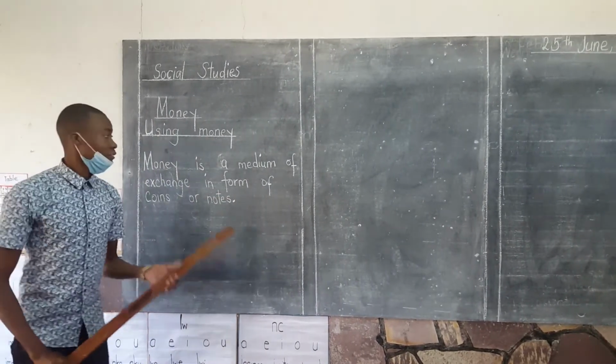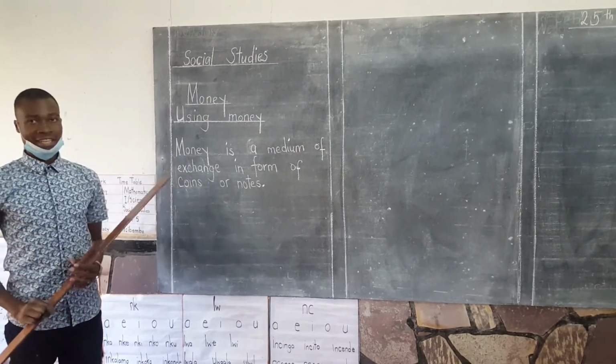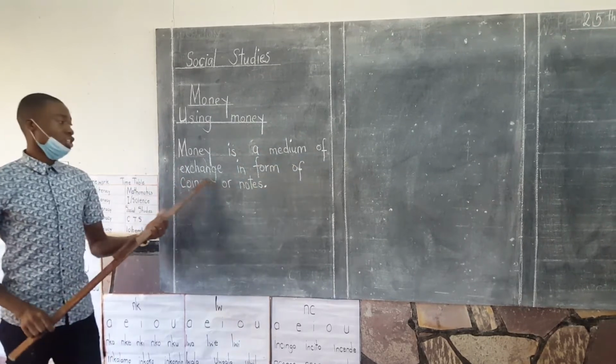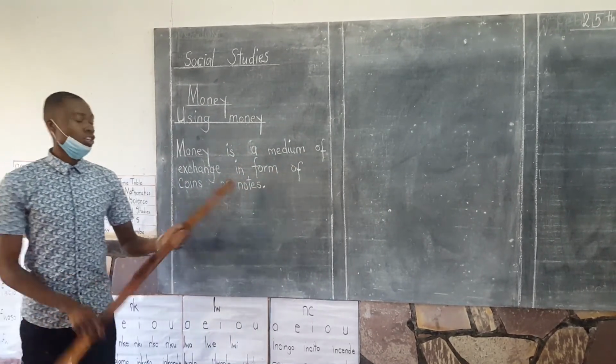Okay, if you look at the board, I've written what money is. So we say money is a medium of exchange in form of coins or notes.